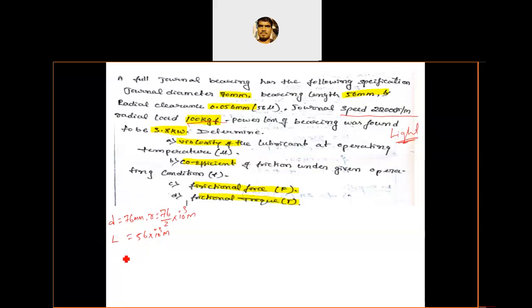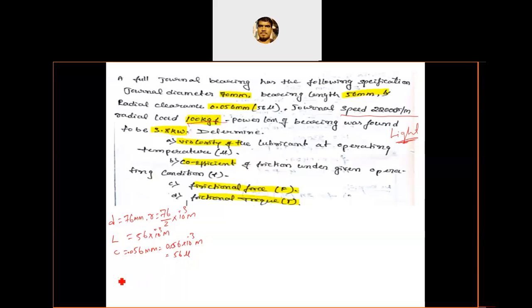Next, C is given directly, clearance, so it is 0.056 into 10 raised to minus 3 meter, or else you can write 56 micron.